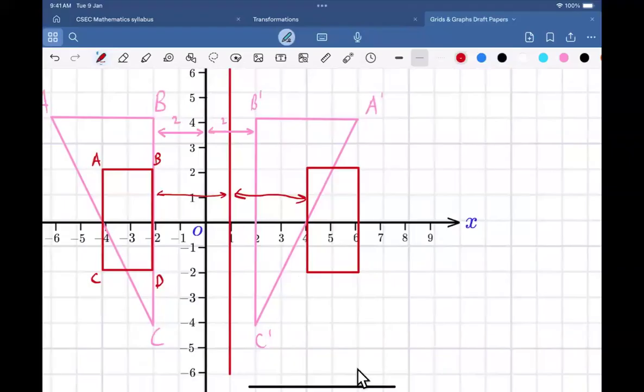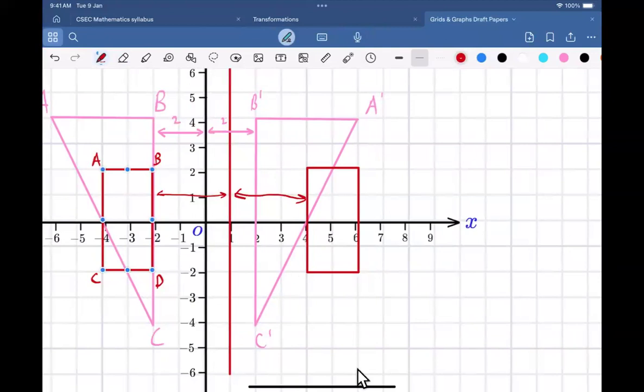A prime is here. B prime. No, let me tell you something. To reflect something means that the orientation changes. Think about it. When you look at the mirror and you lift up your right hand, in the mirror it looks like your left hand.